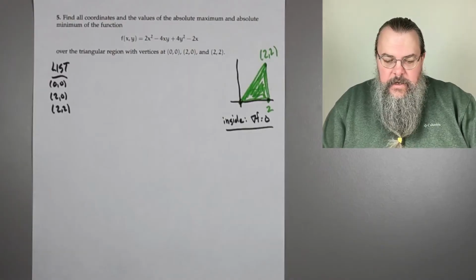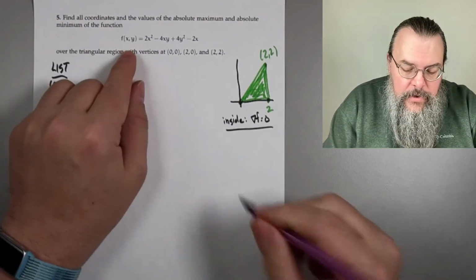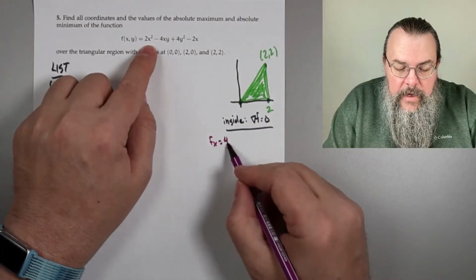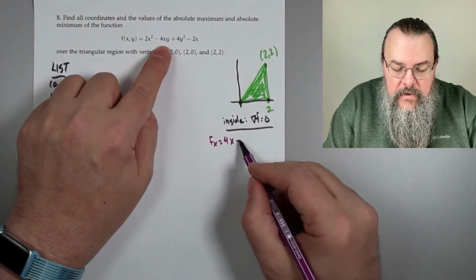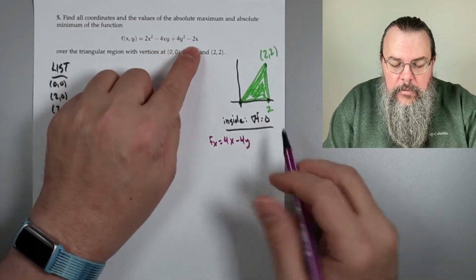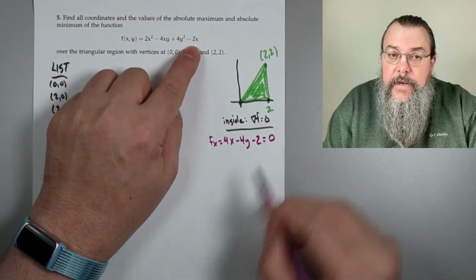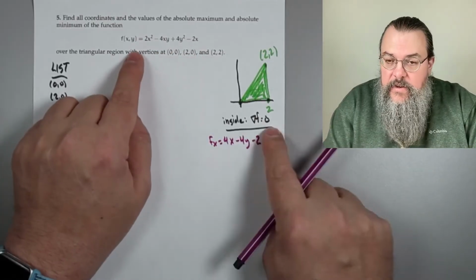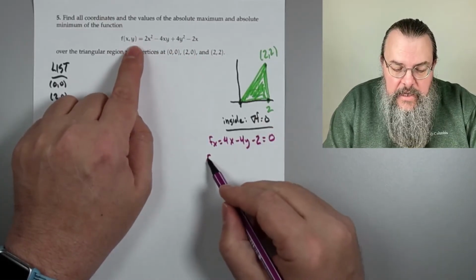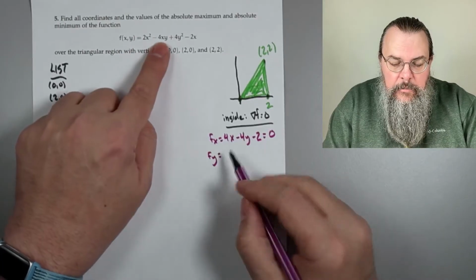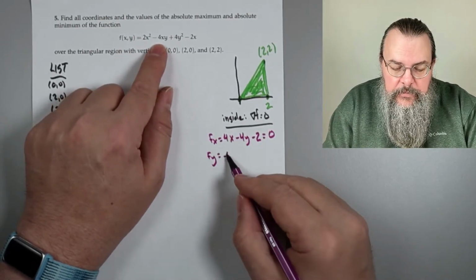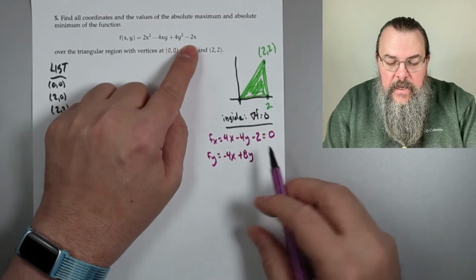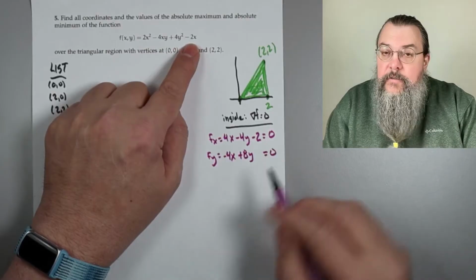Well, we'll have our f sub x is 4x minus 4y minus 2 equals 0. Okay, taking derivative with respect to x, and we're setting it to 0. And f sub y, well, that's minus 4x plus 8y, and that equals 0.